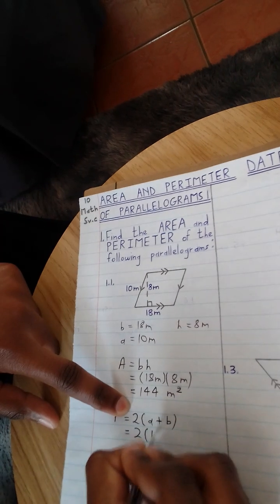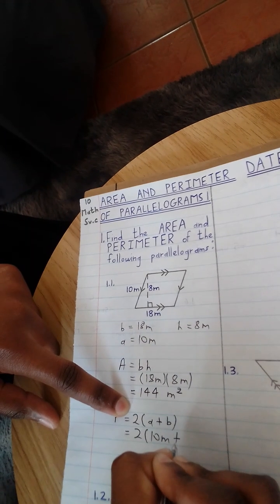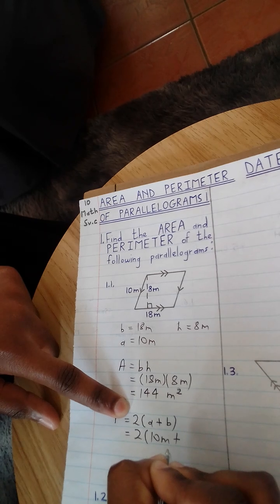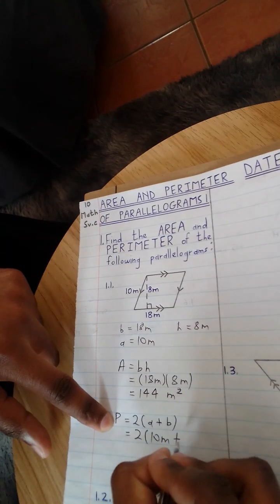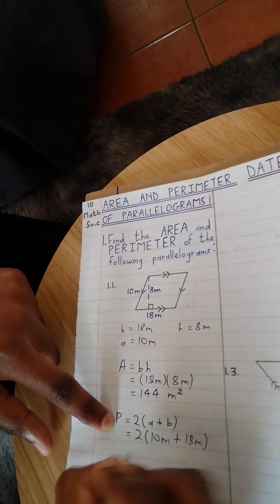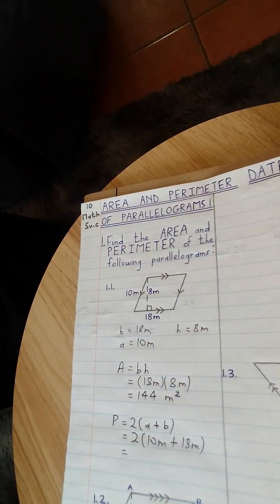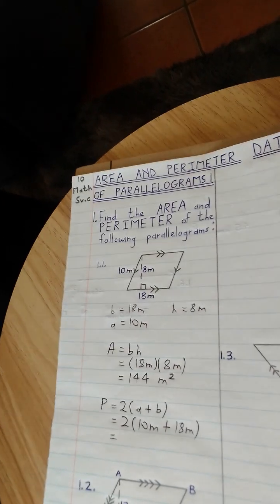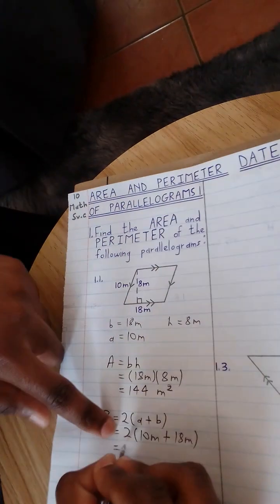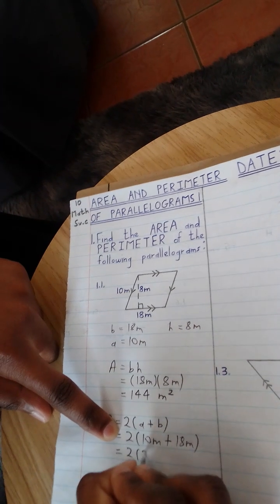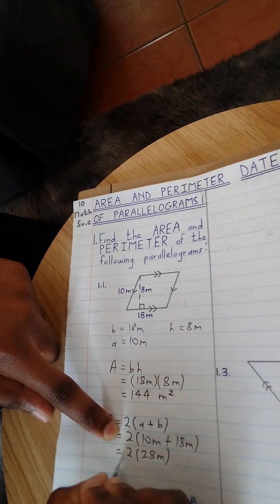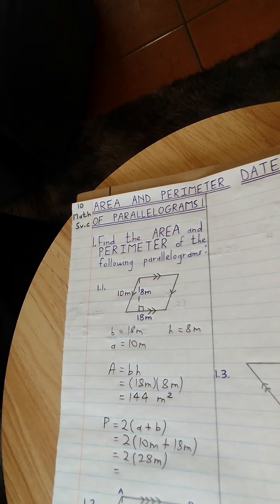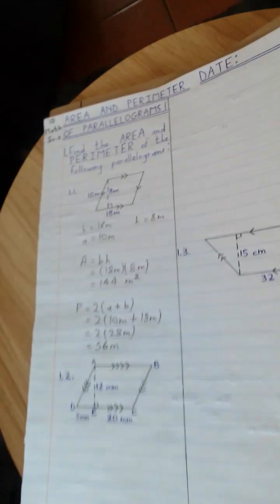A is 10 meters, B is 18 meters. Two times 28 meters, which is 56 meters. I hope that wasn't too hard.